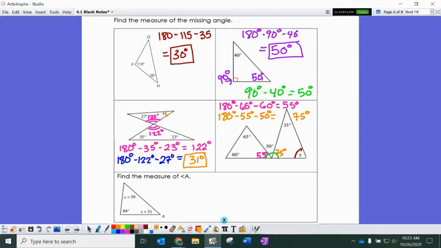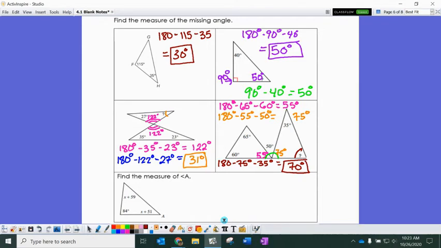In this triangle on the right, I know it adds to 180 like all triangles do. So if I subtract the 75 that we just found, minus the 35 that was already given, what's left over is my remaining angle, and that's going to be 70 degrees. So the angle they wanted is 70 degrees.